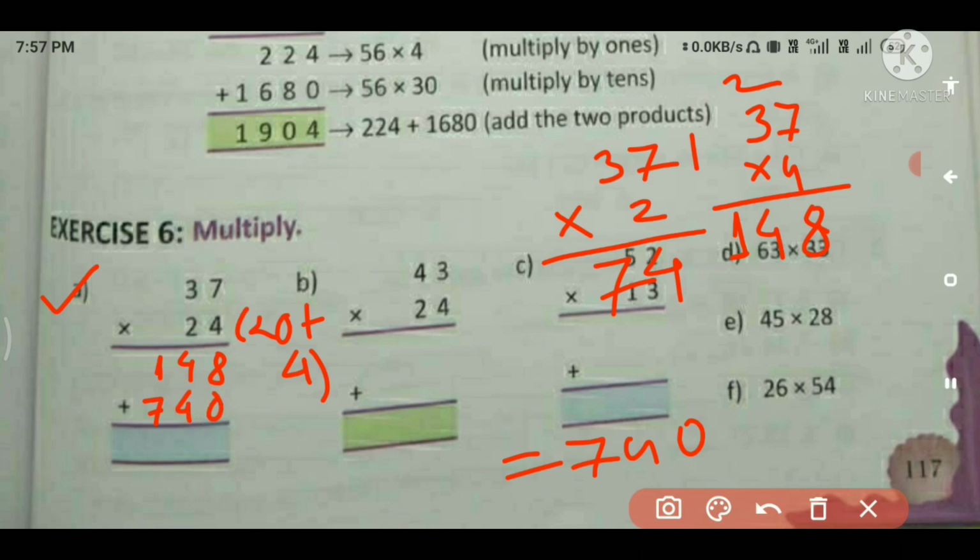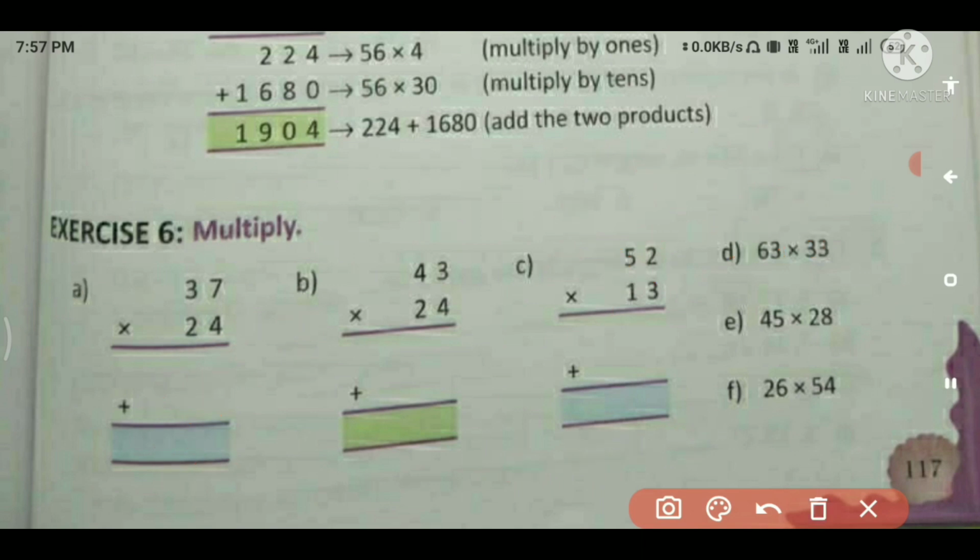Now we'll add these two numbers. So 8 plus 0, 8, 4 plus 4, 8, 7 plus 1, 8. So our answer is what? 888. Okay, this is how we can multiply these two numbers. Okay, I hope you have understood this one.